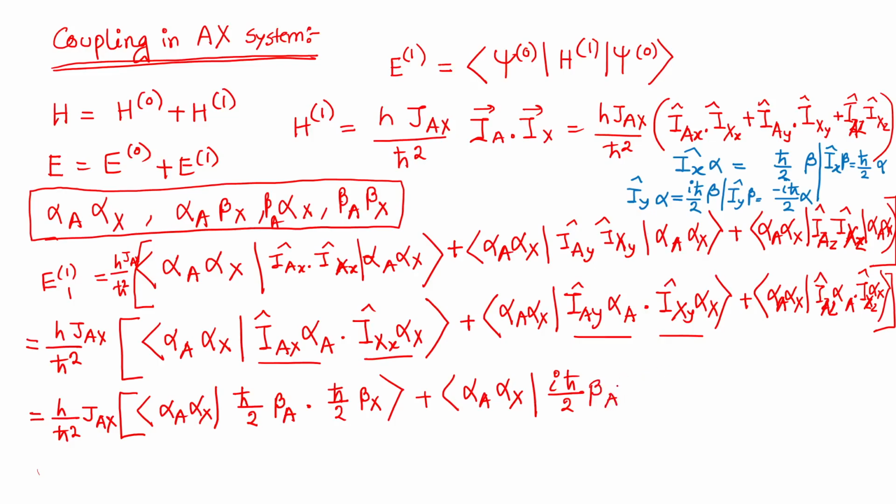What about the next? Y is operating on alpha X, so again minus i H cut by 2 alpha X, right?